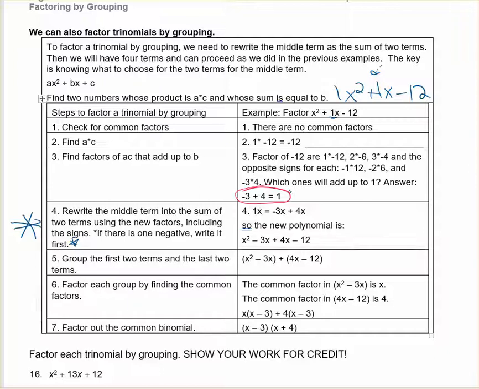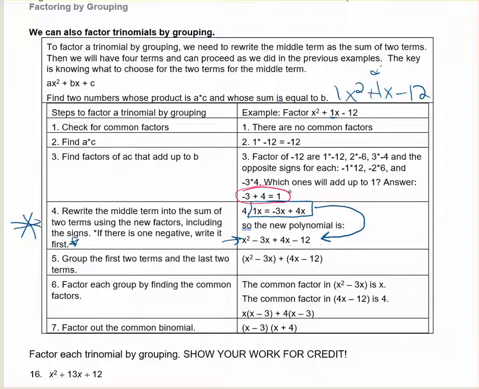I have a negative 3, so I'm going to rewrite 1x as negative 3x plus 4x. That's true, right? 1x is equal to negative 3x plus 4x. So my new polynomial, I keep the first term the same, x squared minus 3x plus 4x minus 12. I took a 3-term trinomial or quadratic and I turned it into a 4-term polynomial.